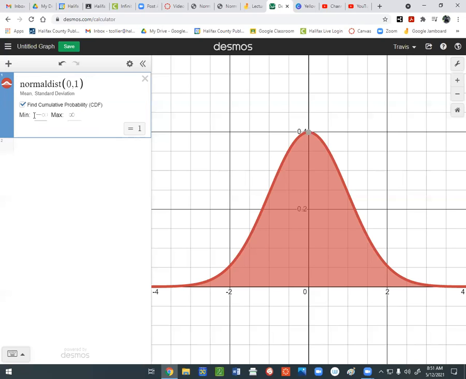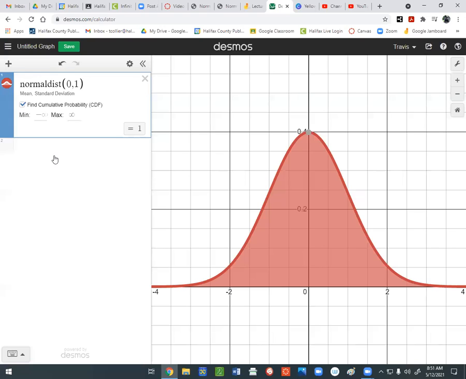Also, down here, you'll see min and max. Min stands for minimum, max stands for maximum. These are going to be your upper and lower limits. So right now, I don't have anything written down for the minimum and the maximum. If I don't have anything written down here, it's going to automatically be negative infinity and positive infinity.